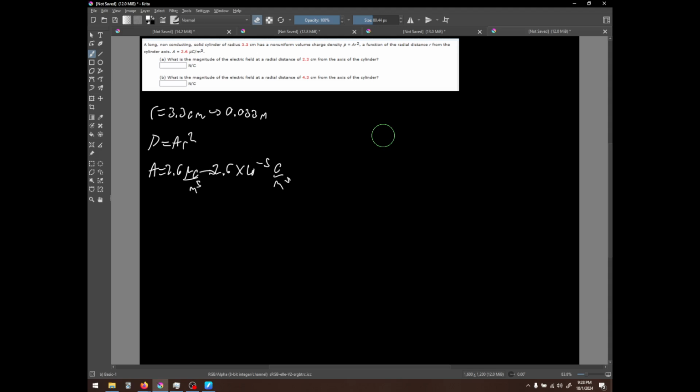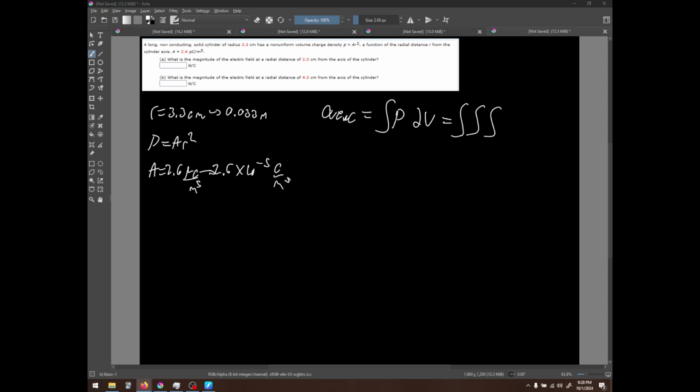Q enclosed is the integral of rho dV, which equals 1, 2, 3. I don't even remember what it is. Do we ever actually break it down?